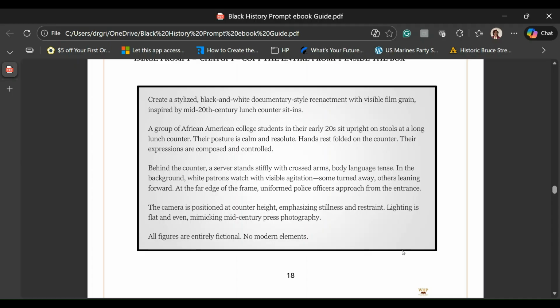And so, as you can see here, from an environmental prompting perspective, I talk about the environment. The last line, I even talk about the lighting. That's important, in addition to talking about the physical place being at a lunch counter, because what I'm finding now is that the environment can speak to emotion.